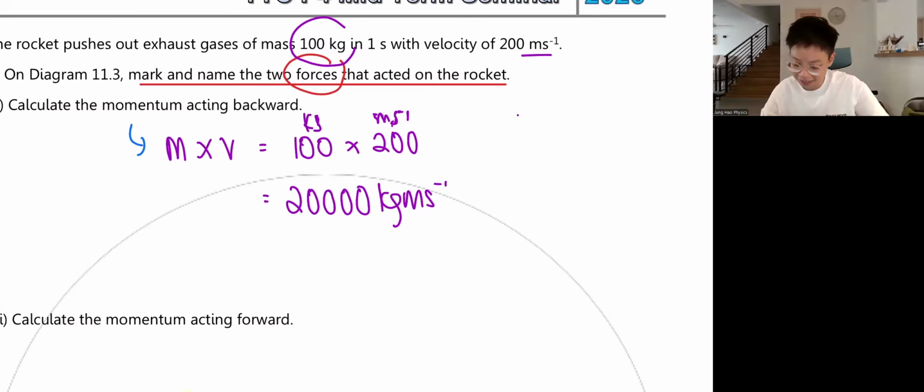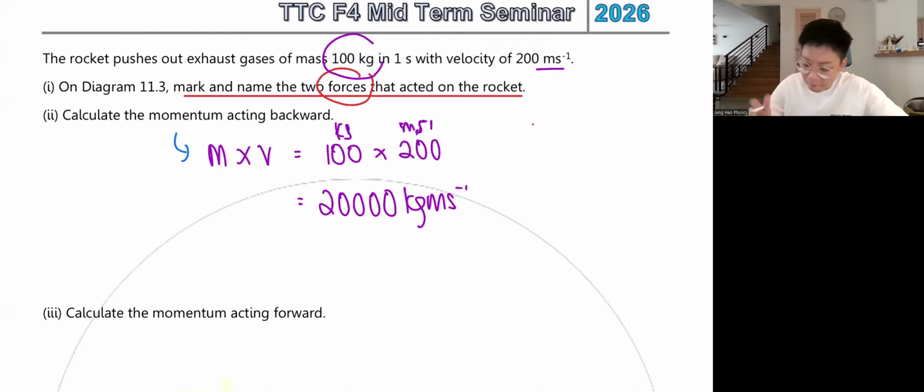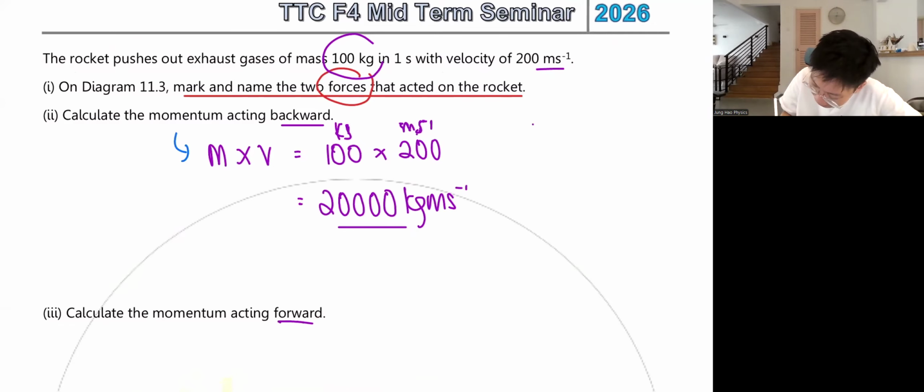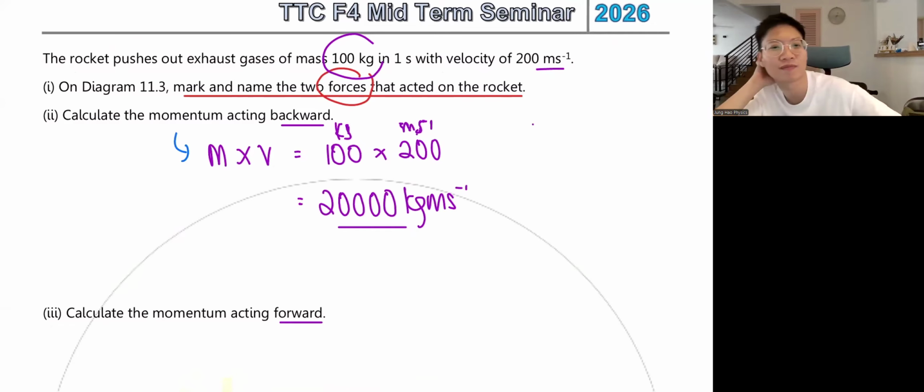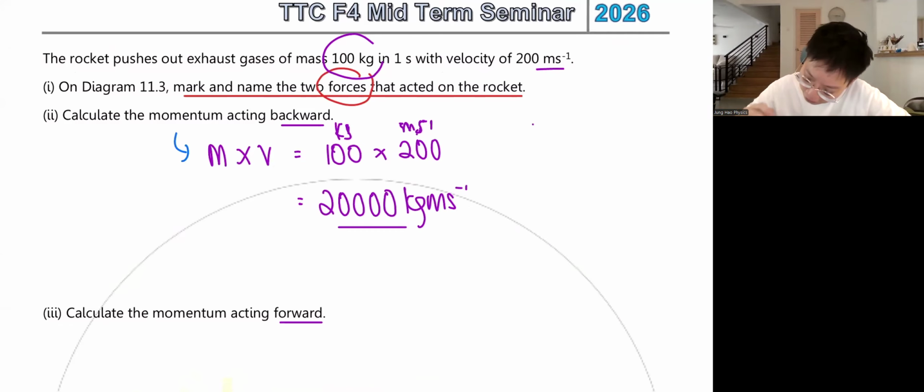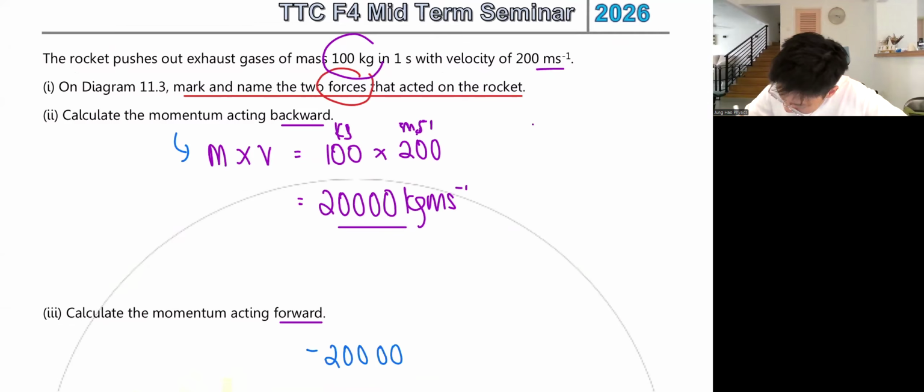Okay, now guys, if you move backward with this momentum, how much is the momentum forward? For this one, it's better to put a negative value. Why?